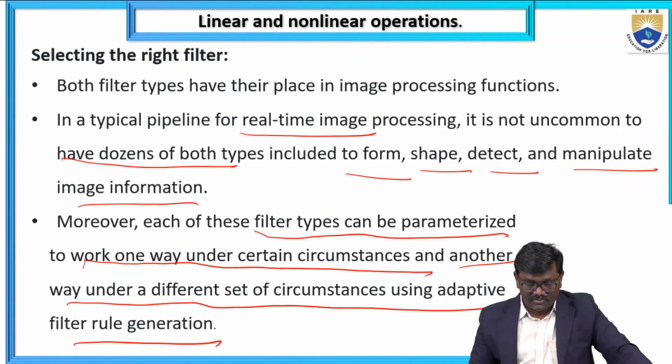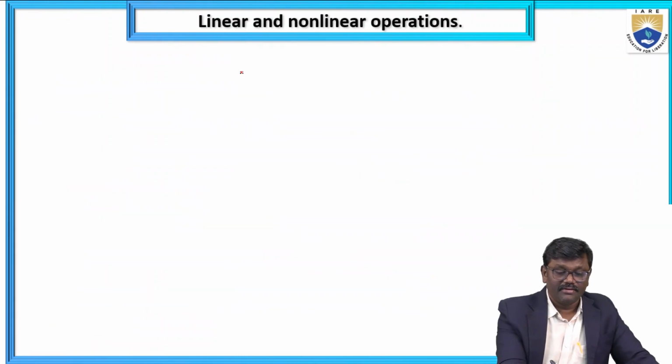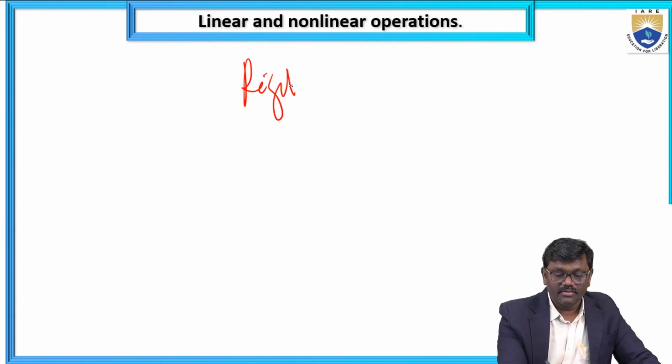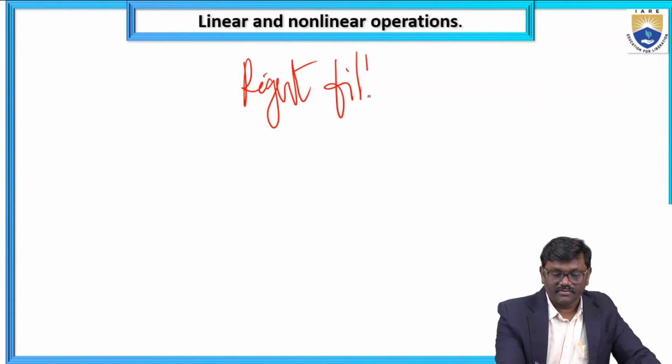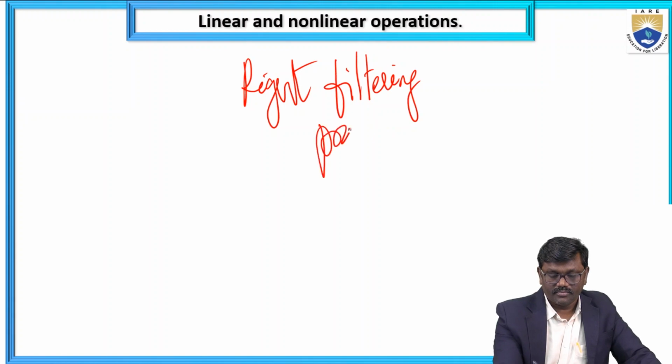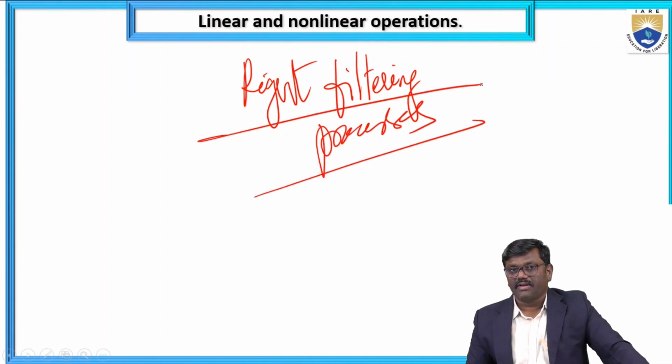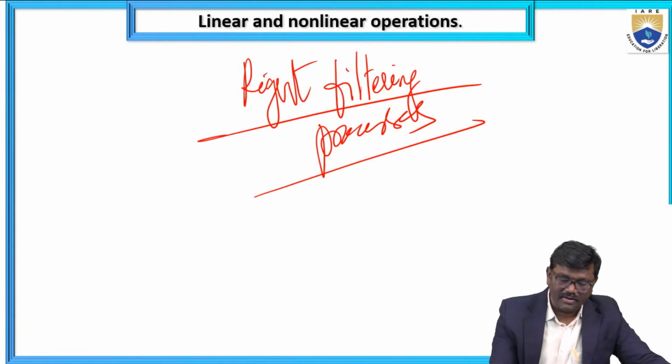So you can use this to understand the right filtering process. What is the right filtering here?